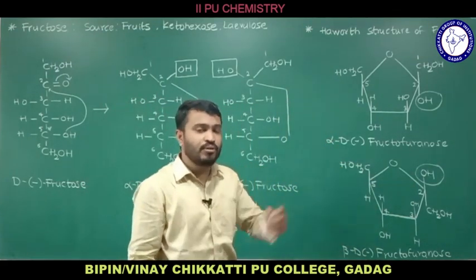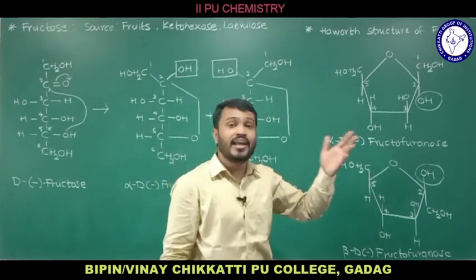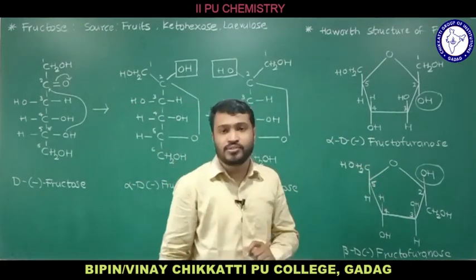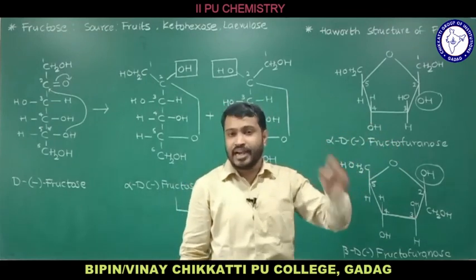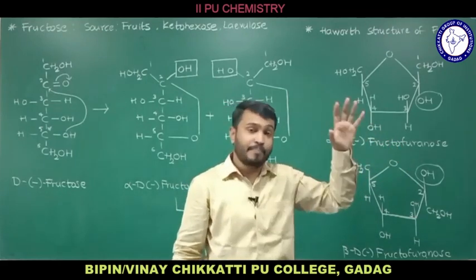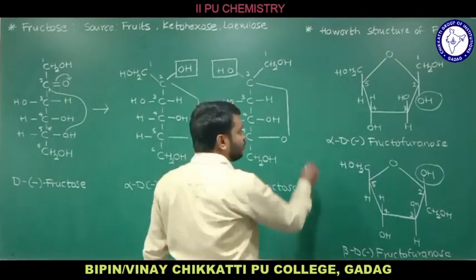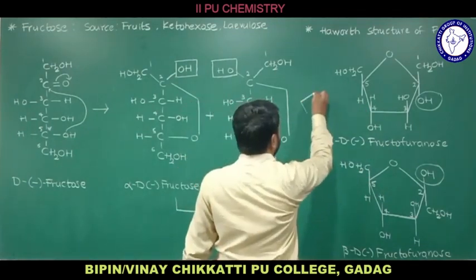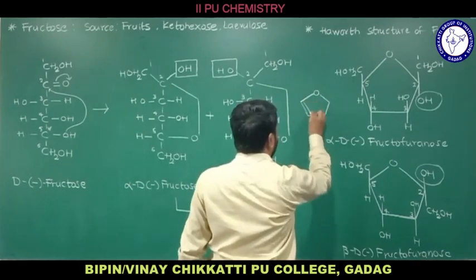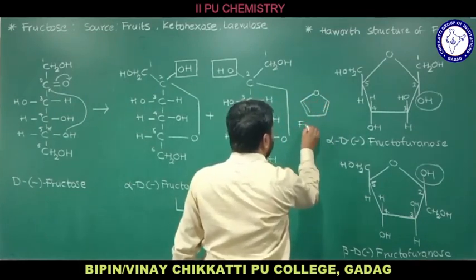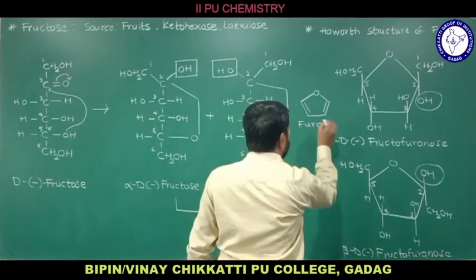Just recall for glucose what word I used, pyranose. Here furanose. Why did I use pyranose? Because the skeleton is alike, as pyran. So furanose, and here I am going to draw the original organic compound, which is furan.